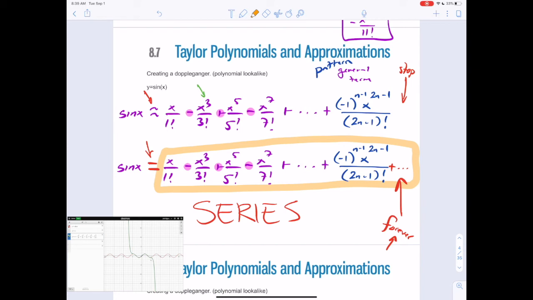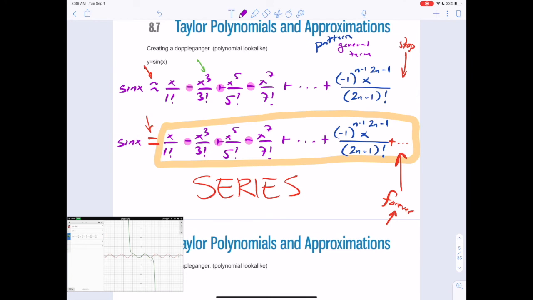So when you guys are pressing the sine of 45 degrees, what's really happening here is you're typing out 45 degrees over 1 factorial minus 45 degrees cubed over 3 factorial plus 45 degrees to the 5th over 5 factorial. And then it goes on forever, but in a very fast way.